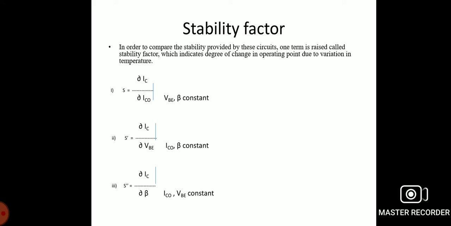It is a ratio. So how can we produce the collector current, and what are the parameters? The input values are constant, that is, the base emitter voltage is constant, and also the current amplification factor of the BJT is constant. With the constant base emitter voltage and beta, we can produce the output voltage.